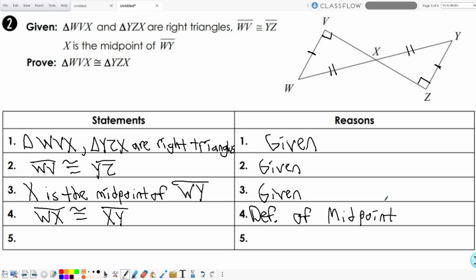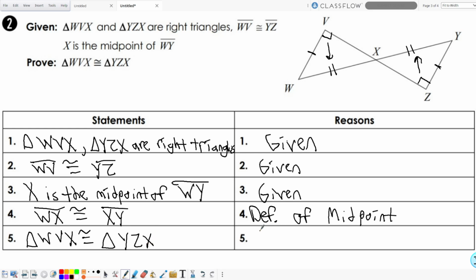And that's all we need, because these ones are the hypotenuse, because they're across from the right angle. We have from the given that one of the two pairs of legs in each are the same. So that's enough to justify that triangle WVX is congruent to triangle YZX.